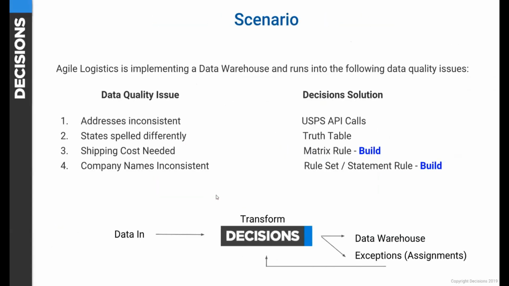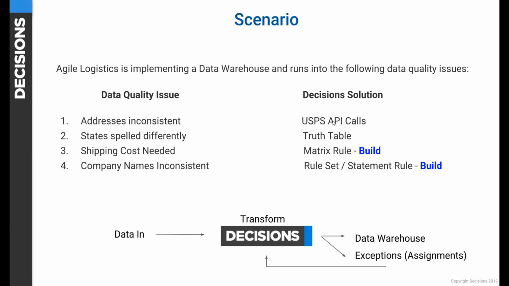So here's the last slide before we jump into the demo itself, just to give you a bit of what we're going to walk through. As I mentioned, we're the Agile Logistics Company. We're implementing a data warehouse, and here are some typical data quality issues that we run into. First is, addresses are inconsistent, and addresses are usually a very key piece to ensuring you're not duplicating data.